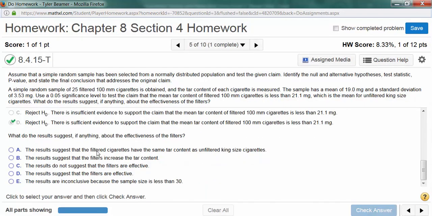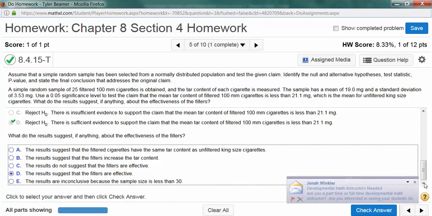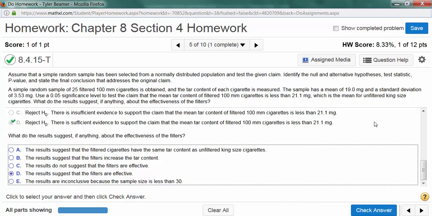And then this would give us enough information to conclude that the filters for these cigarettes are indeed effective, that we have proven statistically through our sample that the mean tar content is less than those of unfiltered cigarettes.